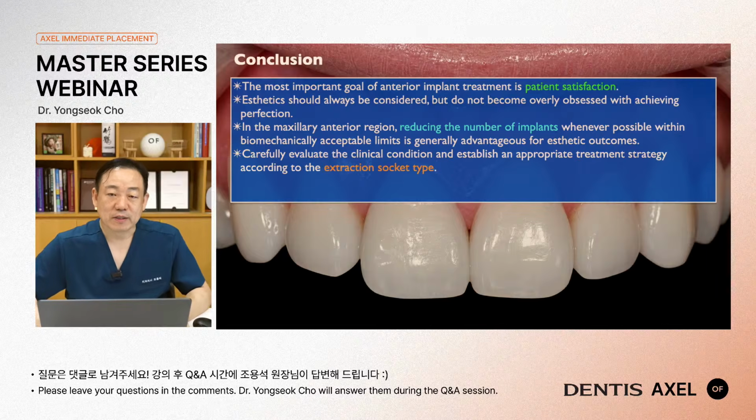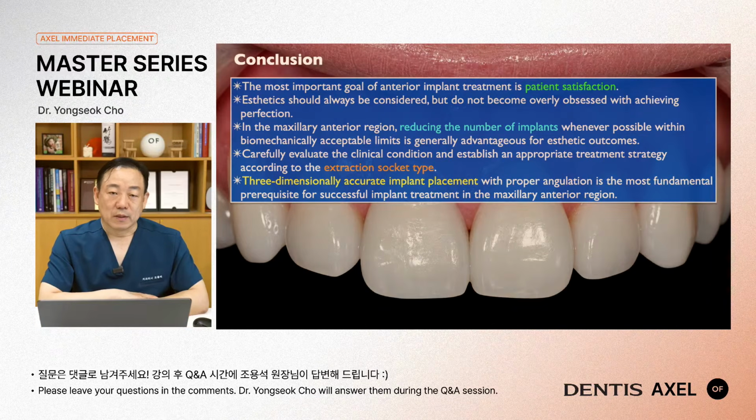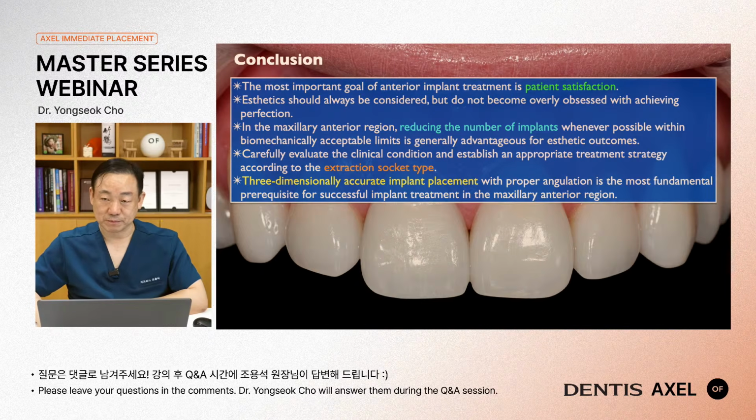Carefully evaluate the clinical condition and establish an appropriate treatment strategy according to the extraction socket type. Three-dimensionally accurate implant placement with a proper angulation is the most fundamental prerequisite for successful implant treatment in the maxillary anterior region.